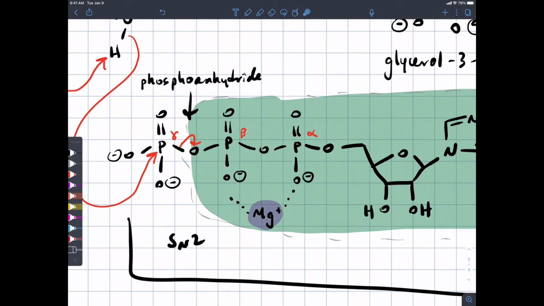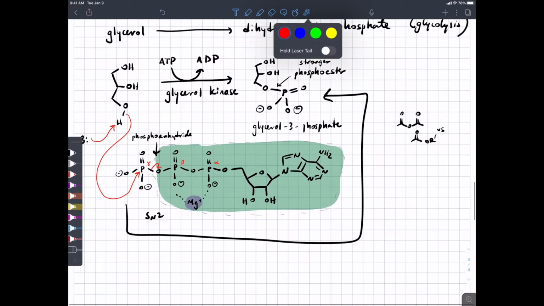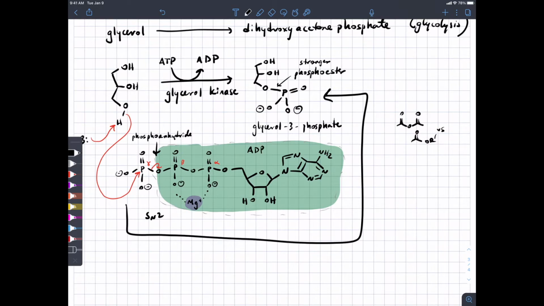And so there's some electrostatic repulsion that makes the phosphate transfer thermodynamically favorable. So we're going to see stuff like this again and again where we use ATP to make a phosphoester. The leaving group here, by the way, is ADP, which I'm not going to draw, but there it is. Okay, questions so far?